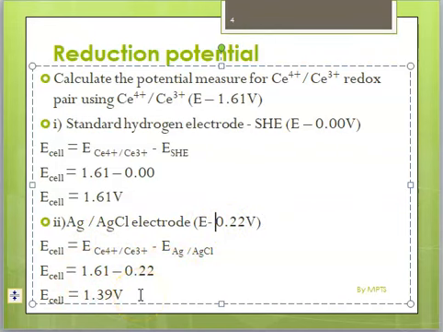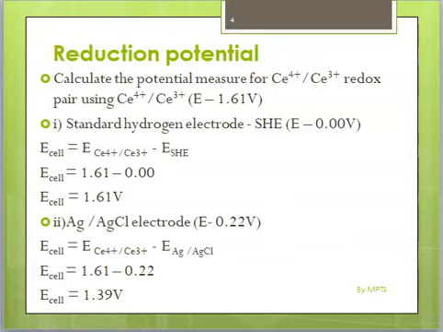So this will be the measure on the voltmeter to expect. Again, you can get scenarios where the reduction potential of the cathode is lower than the one on the anode. Now, of course, this reaction cannot happen because the other one has a lower reduction potential.